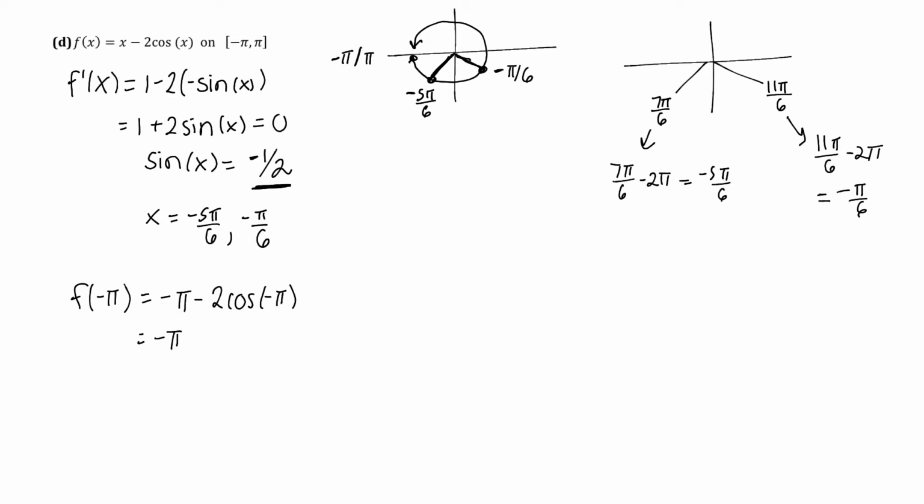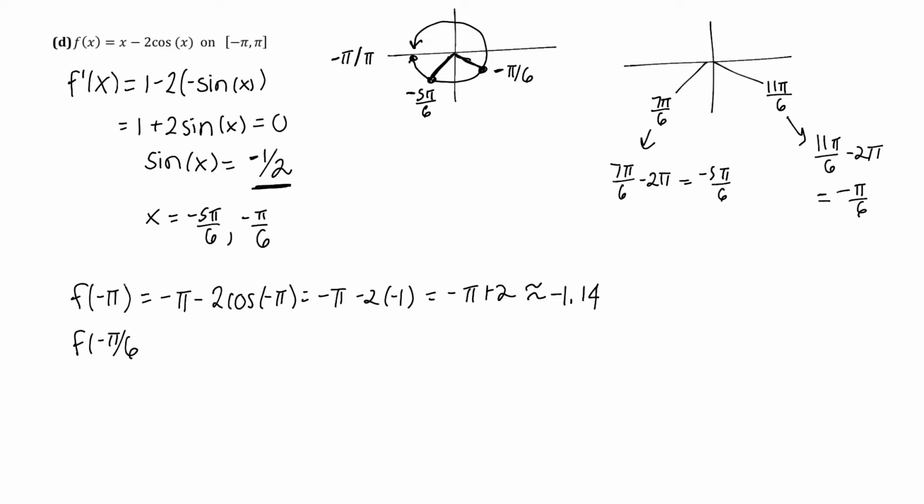So negative pi minus 2 times negative 1. Negative pi plus 2, which is approximately negative 1.14.